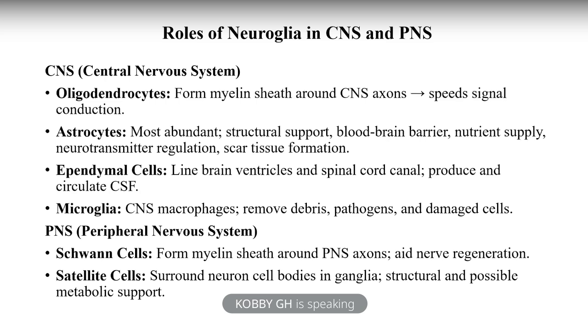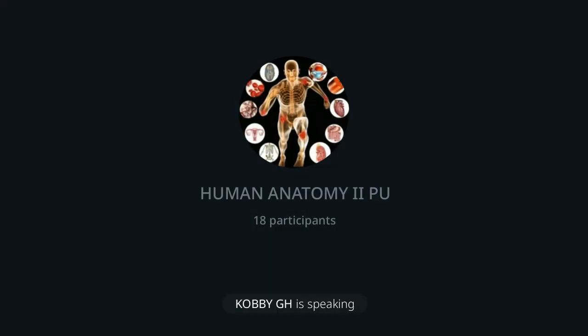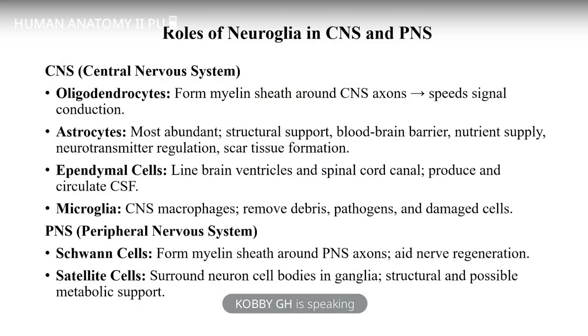Okay, now how about astrocytes? There is something unique about astrocytes. They are the most abundant neuroglial cell, and it's something unique in anatomy that you have to know. It's an examinable question. Which neuroglial cell is the most abundant? It is the astrocyte.